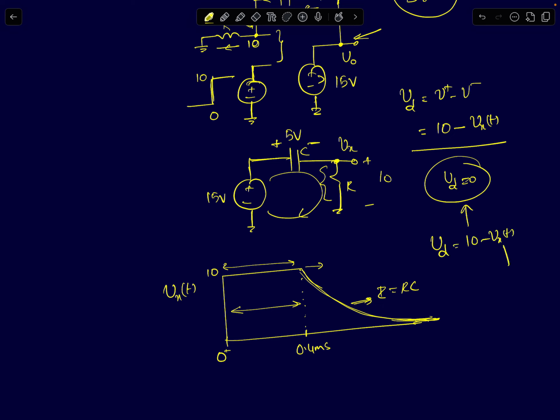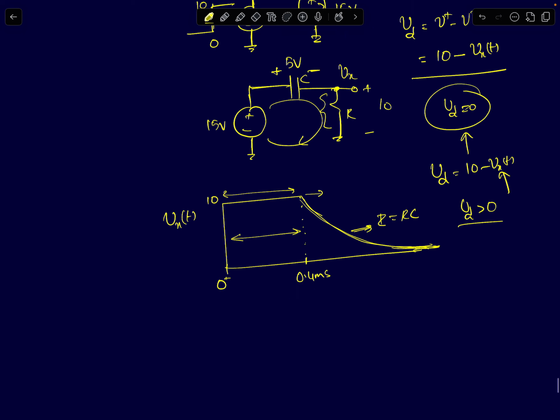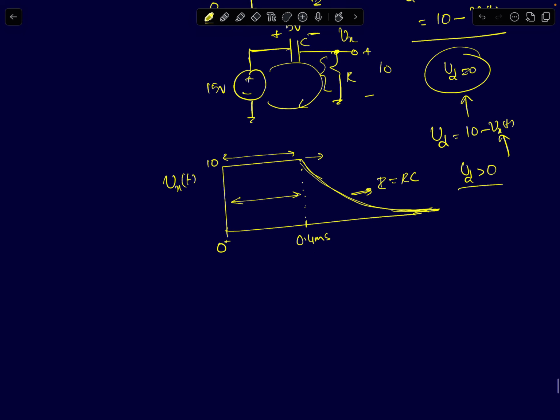Since Vx will always be lower than 10, Vd will always be greater than 0 for t greater than 0.4 milliseconds. Therefore, your output will stay put at 15 volts. So the output goes like this.